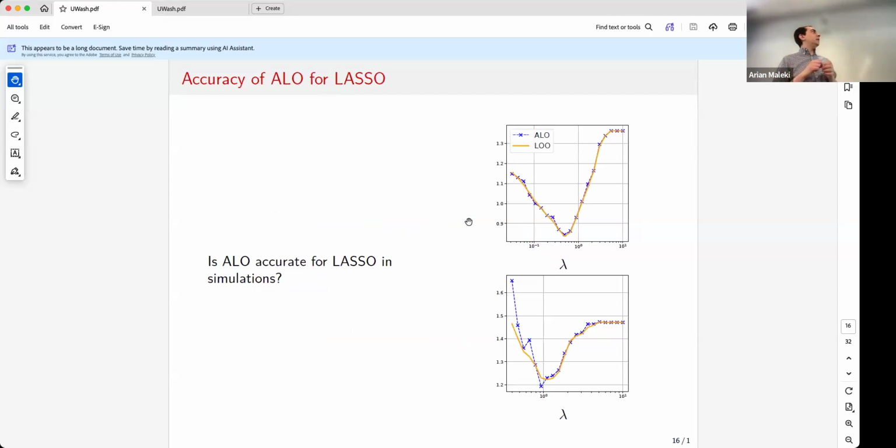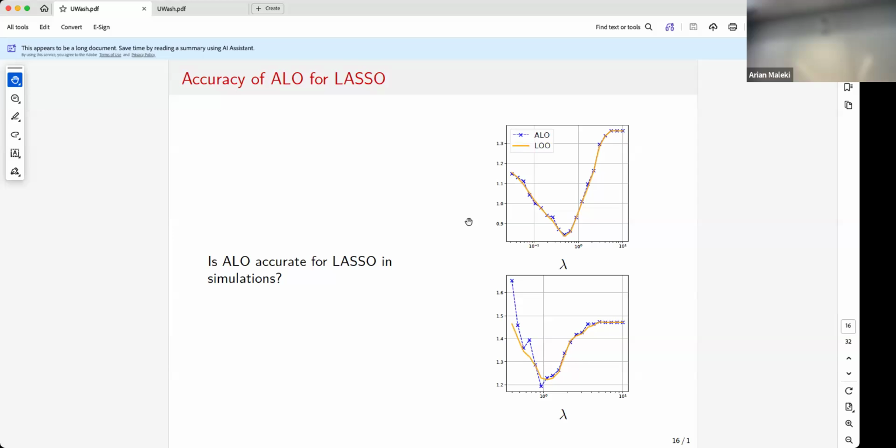We then said, okay, these errors are happening, but let's calculate the risk as a function of lambda. The orange here is the leave one out, as a function of lambda, the hyperparameter of lasso. And the crosses are the approximate leave one out, as you can see. So they match quite well, even though the active set is changing.